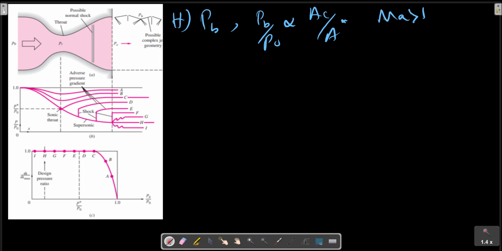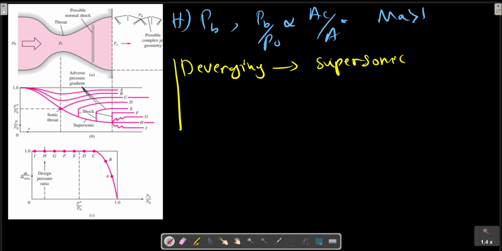The diverging flow is entirely supersonic, including the jet flow, and PC equals PB. This is called the design pressure ratio of the nozzle.